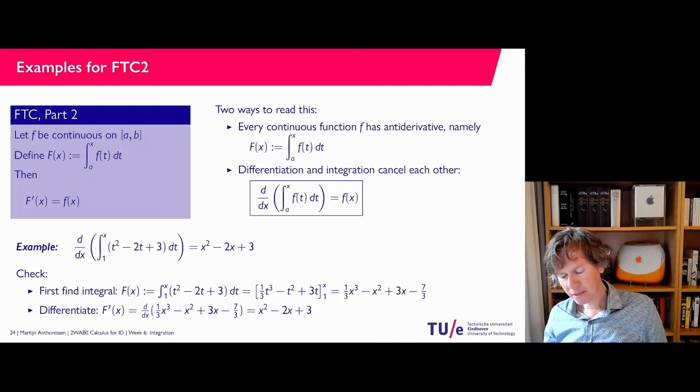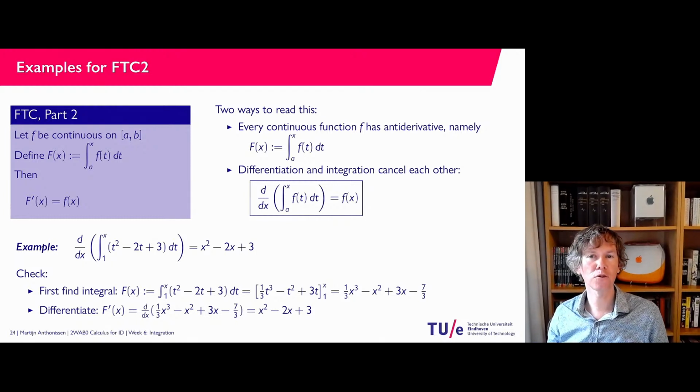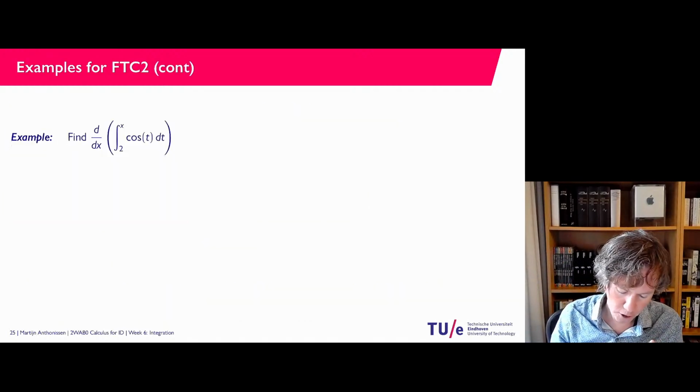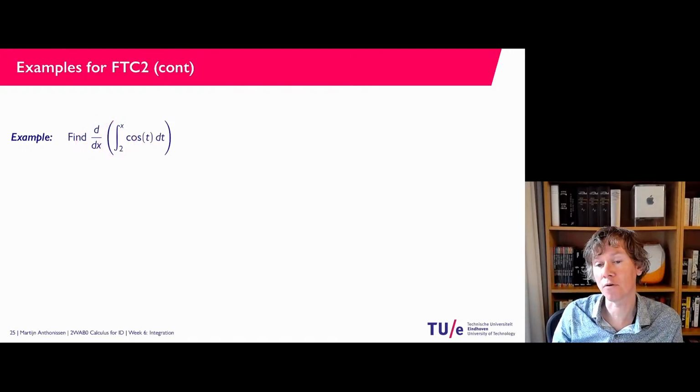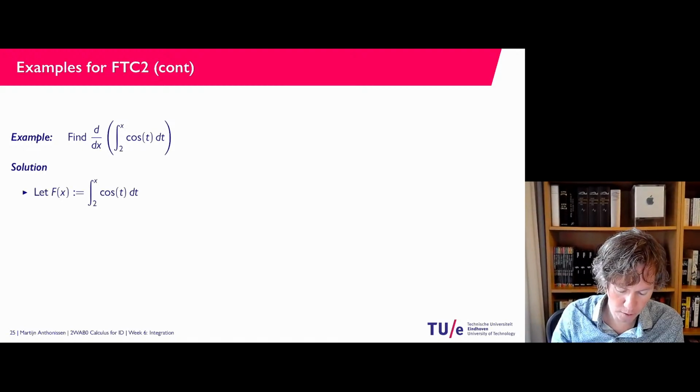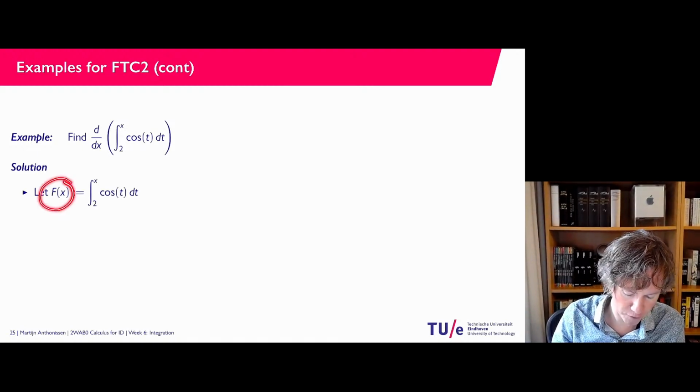Now, the nice thing is that you can use these types of results to find integrals for much more complicated functions. So first, this one is still relatively simple. Here we're being asked to find the d/dx of an integral. Well, we can immediately use the theorem. So we can say, well, define capital F of x to be the integral.